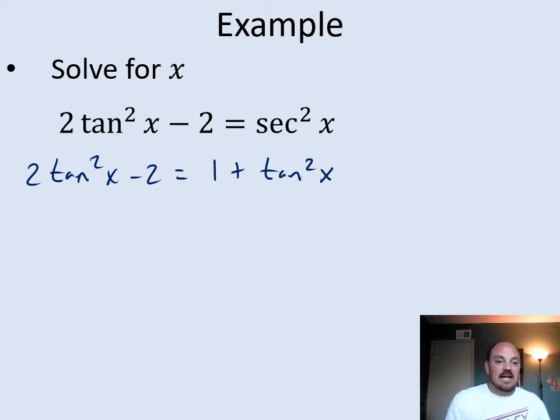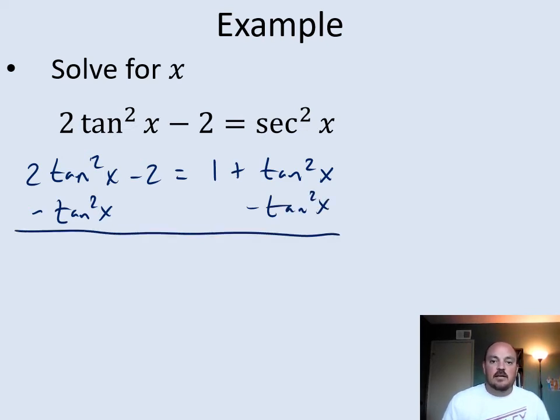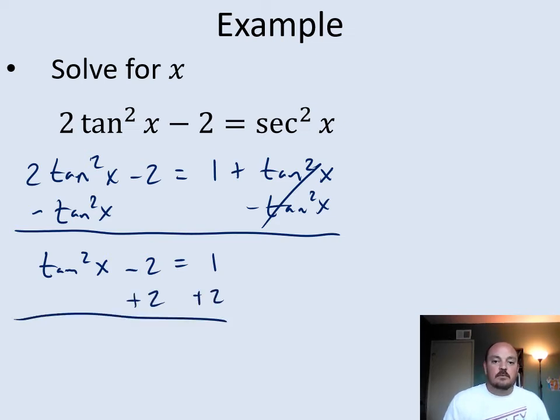And in fact, since they are exactly the same, let's just subtract tangent squared x from each side, cancel the one on the right. We get tangent squared x minus 2 equals 1. I would add 2 to both sides. We get tangent squared x equals 3.